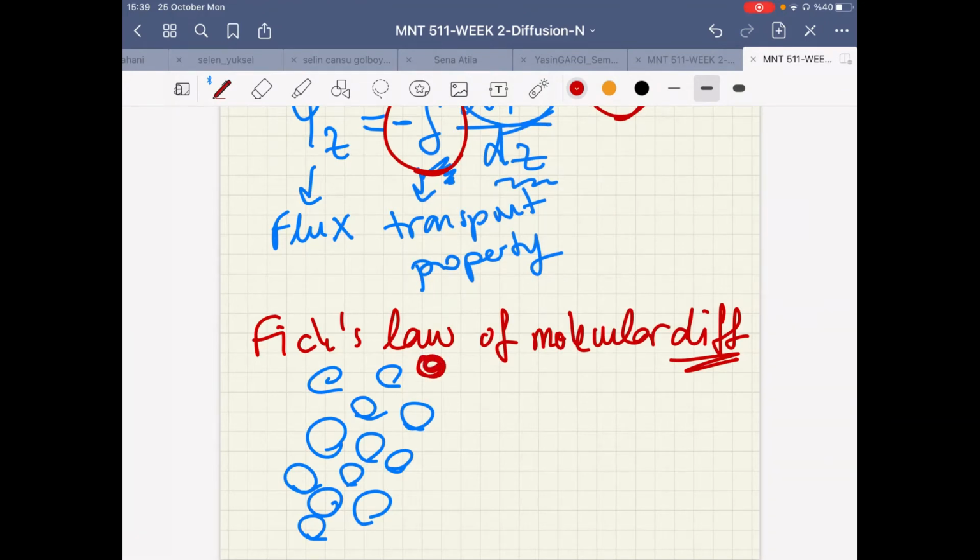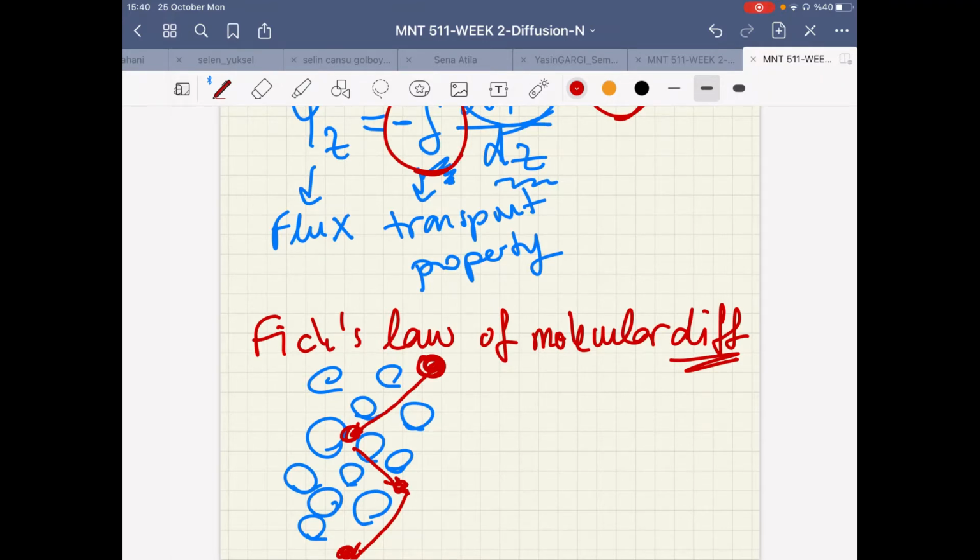It's trying to travel from here to here to here to here through stagnant A molecules. So this is called Fick's law for binary mixtures.